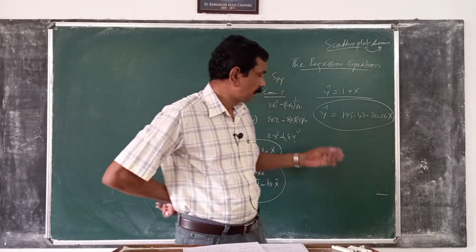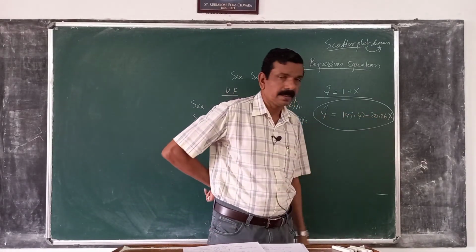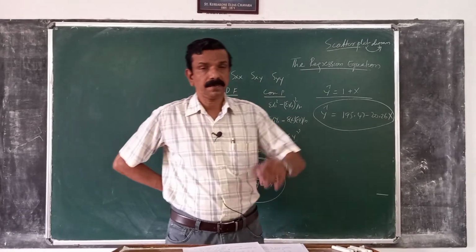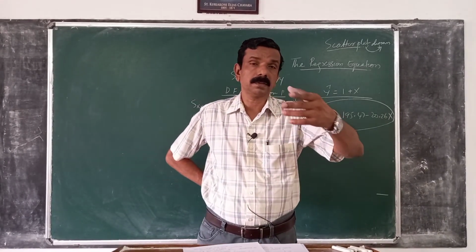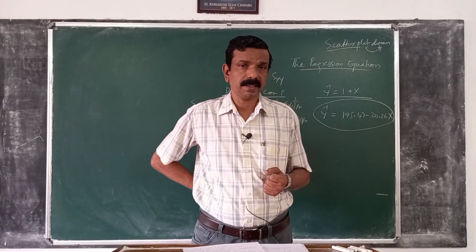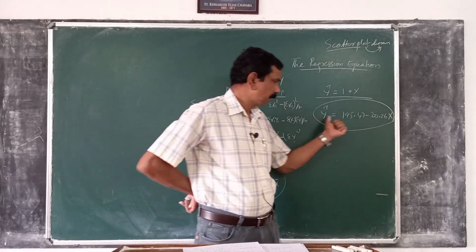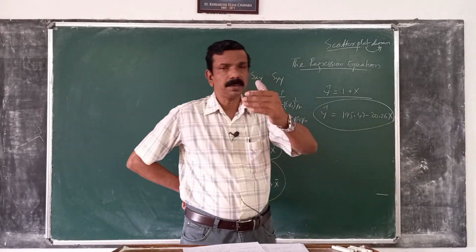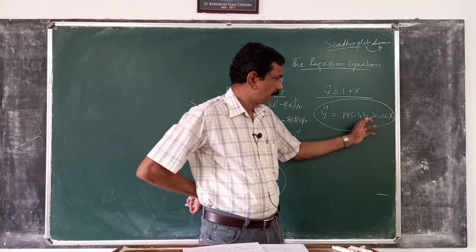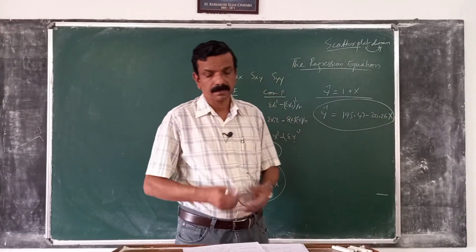And this regression equation and the regression line will give you information not only about the nature of the relationship between y and x, it also gives you information about by how much y will change when x changes by 1 unit.